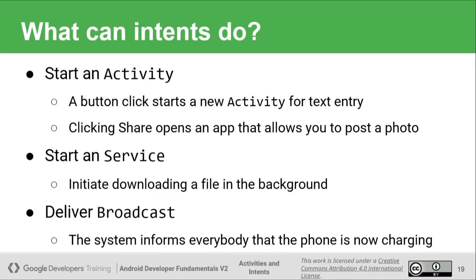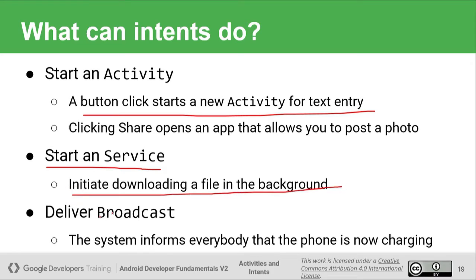So how do we start an activity? What can intents do? Start an activity. A button click starts a new activity for text entry. Clicking share opens an app that allows you to post a photo. This is an example of how activities are started. Next is start a service. Let's say some downloading is going on behind the scenes, so initiate downloading a file in the background.